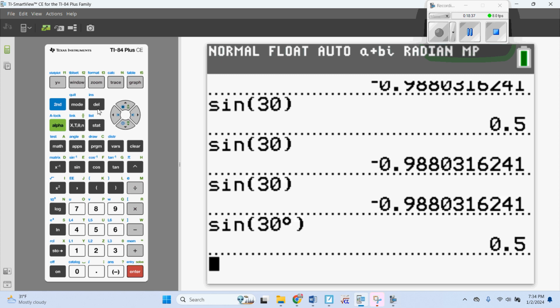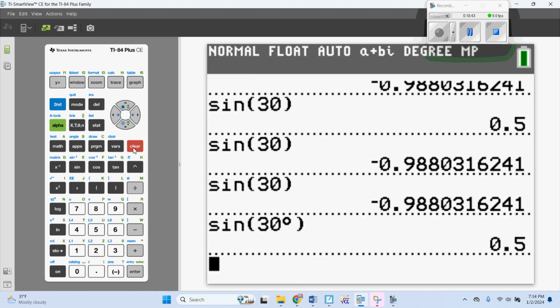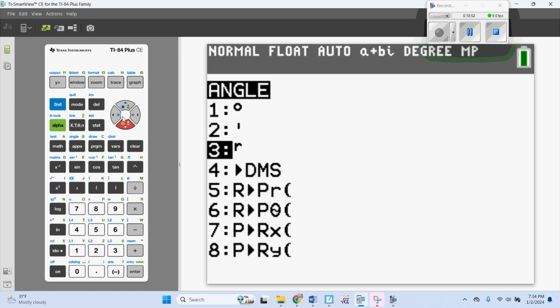That will work. Likewise, if your calculator is in degree mode and you want to use radians, you can go to angle and put the little R there.